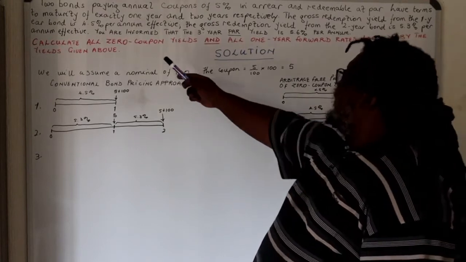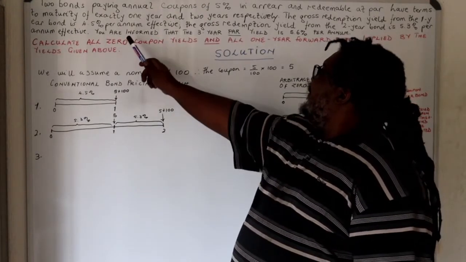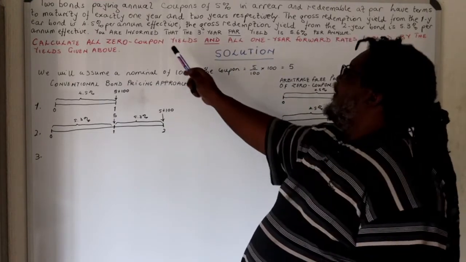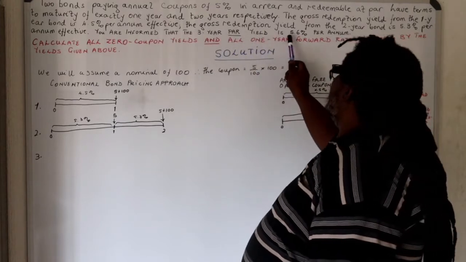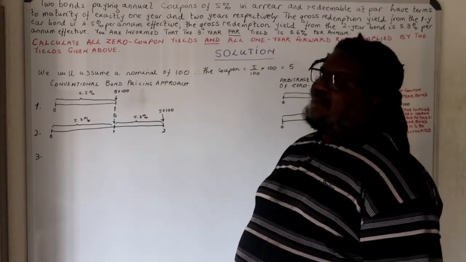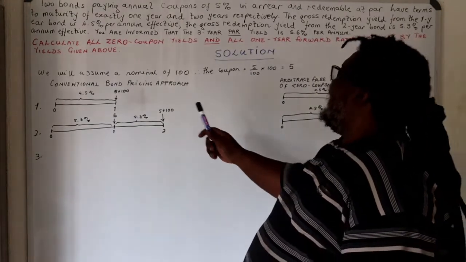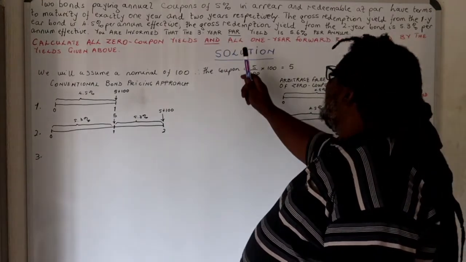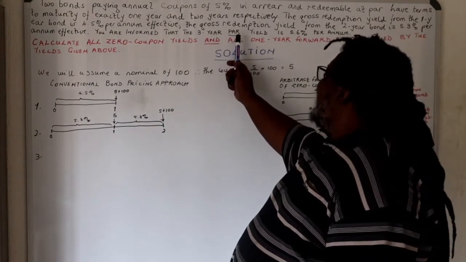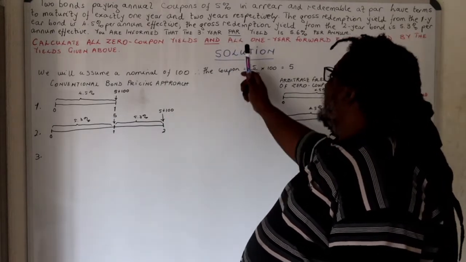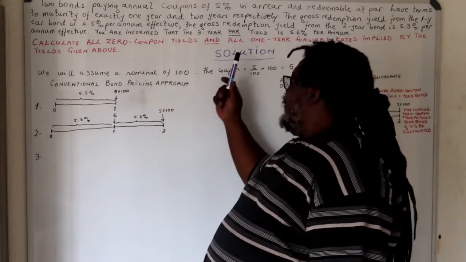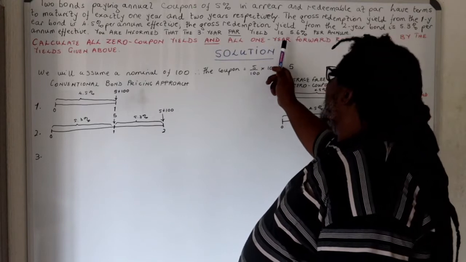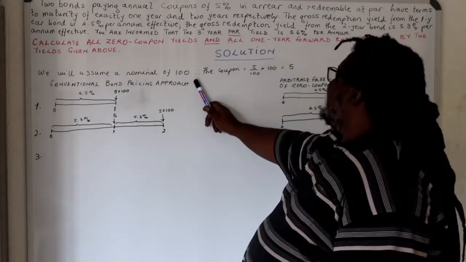So we were saying for the third part, you are informed that the 3-year par yield is 5.6% per annum. This is where most of the students are floored by the English. But it is clear that you have to imagine that the bond is a 3-year bond, which is priced at its par value. In other words, that means the net present value of the cash flows from that bond using the conventional bond pricing approach is 100, which is the par value.